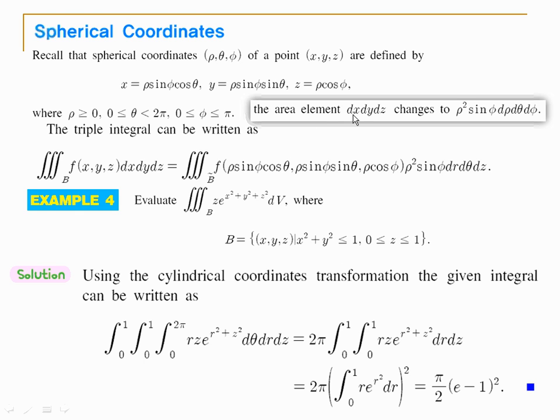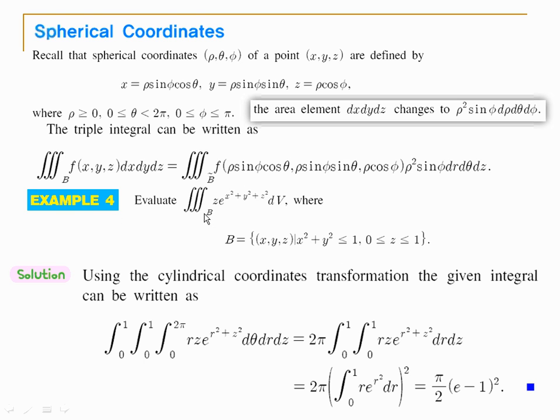The volume element dx dy dz is replaced by rho squared sine phi d rho d theta d phi. That's what we see, and so this integral can be rewritten in this way.